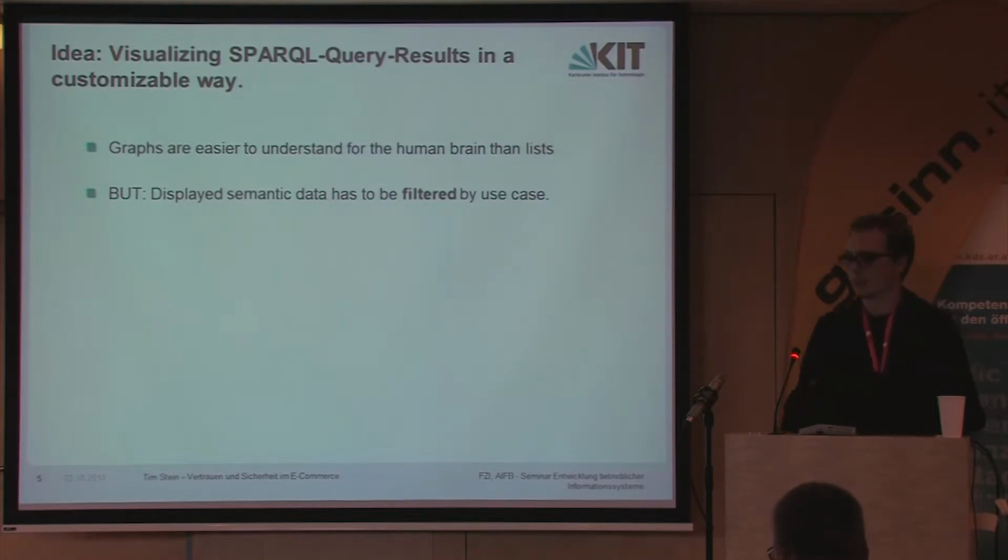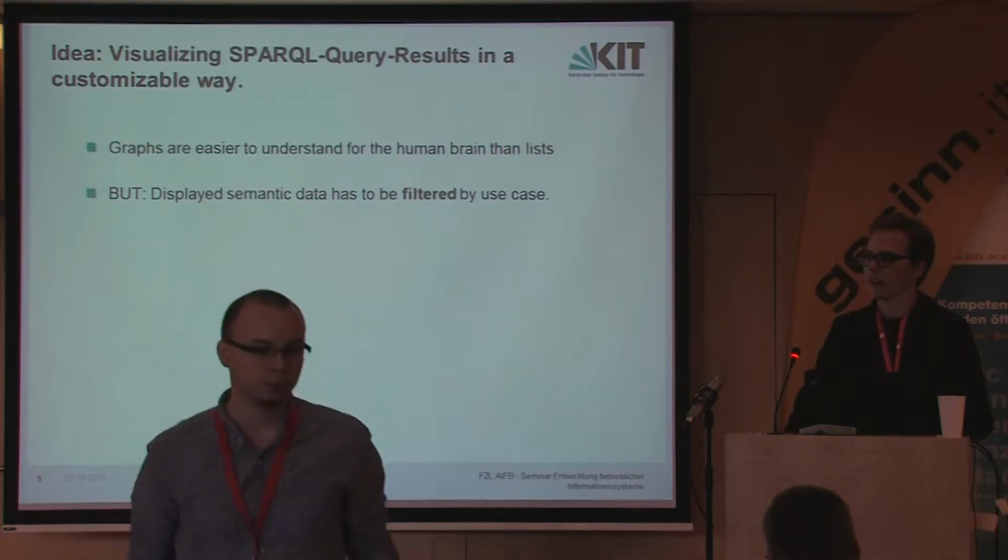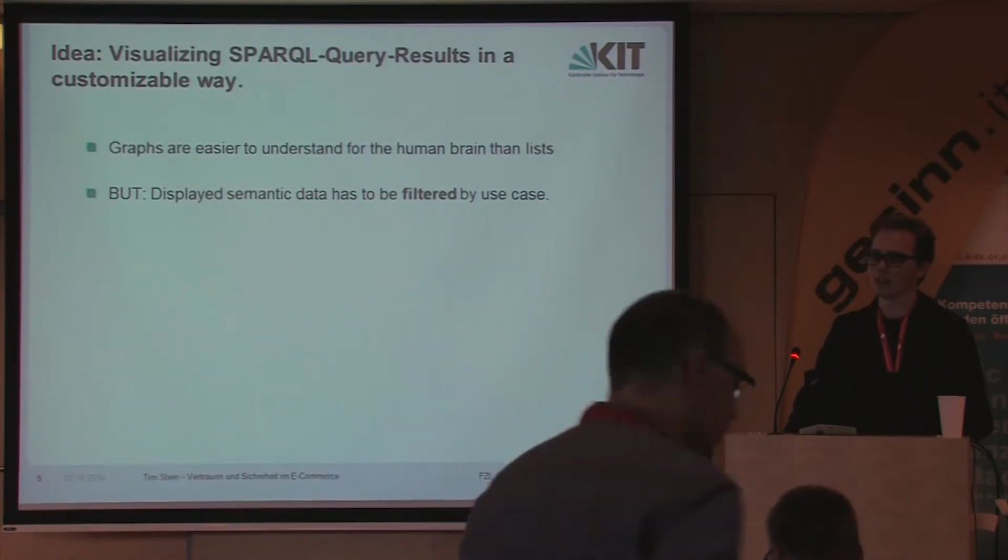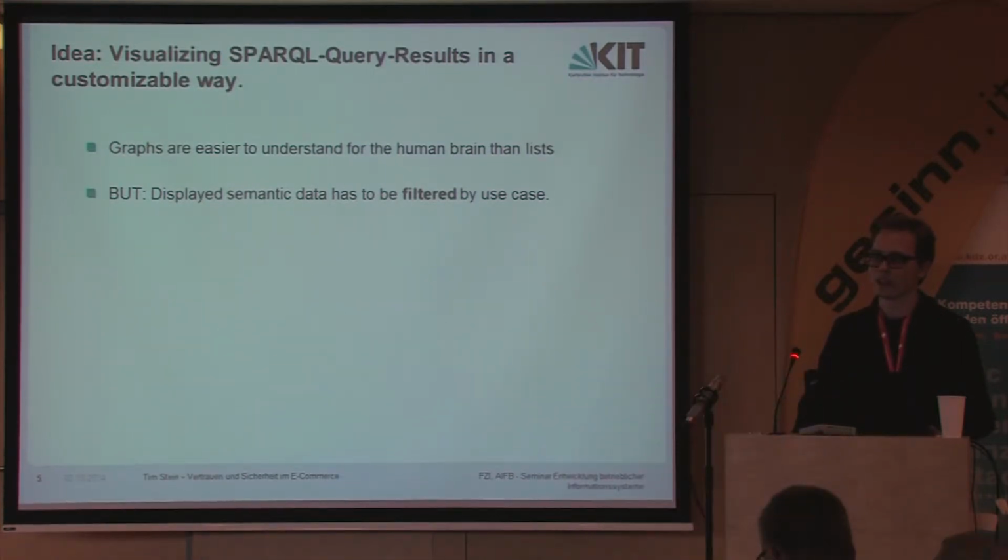But the very important thing is that it has to be easy to filter the data, because there are already visualizers out there, and you can visualize all the semantic relations, which easily leads to a big bulk of data which you cannot understand anymore.